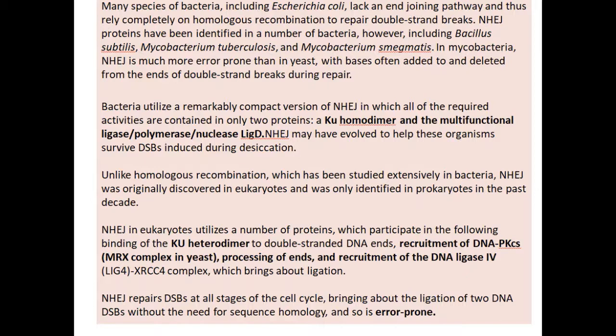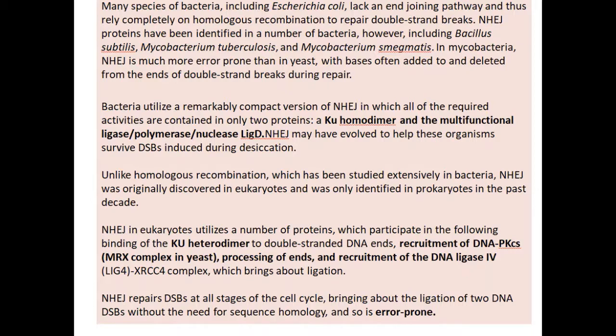Usually in the case of bacteria, this mainly happens in conditions where the bacteria have been exposed to high levels of desiccation. As we know, even ionizing radiation brings about some desiccation in the bacteria. To overcome this, mainly two proteins are involved in bacteria for the non-homologous joining.